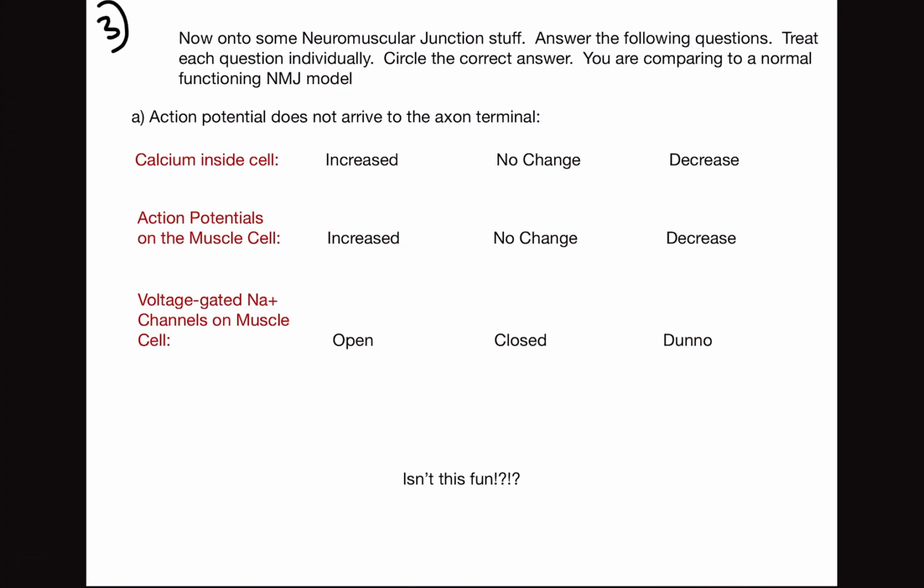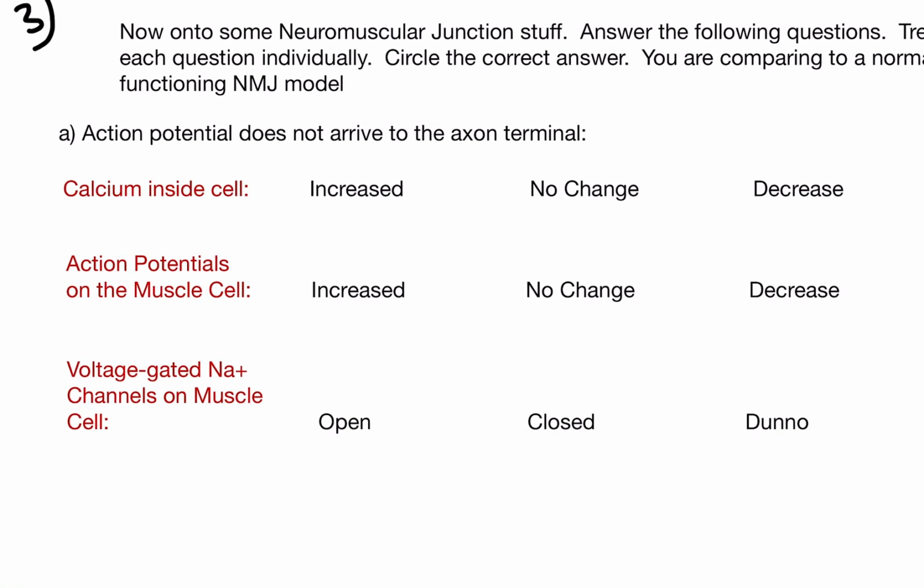3. Now on to some neuromuscular junction stuff. Answer the following questions. Treat each question individually. Circle the correct answer. You're comparing to a normal functioning neuromuscular junction model. So if we have a scenario where the action potential does not arrive to the axon terminal, what's going to happen to the calcium inside the cell?